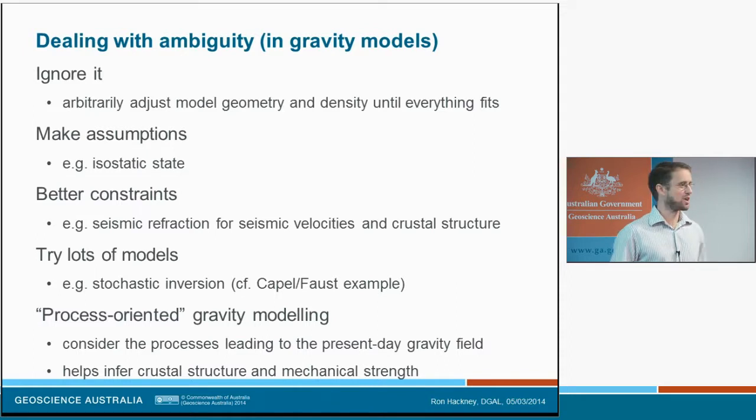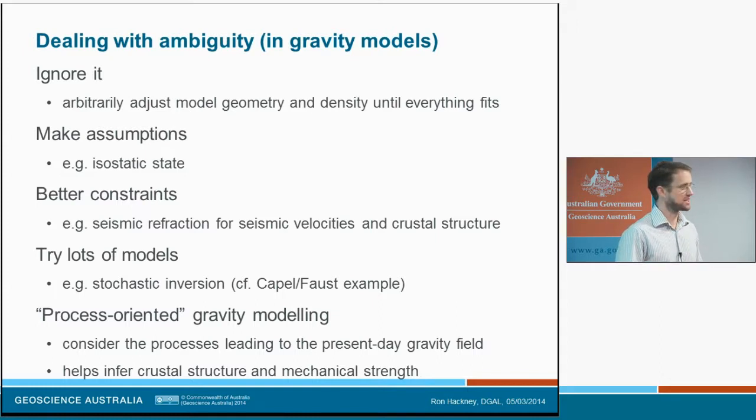Ideally, of course, we always want better constraints, and in the case of the MOHO in this part of the margin, yes, we'd love to have more seismic refraction surveys, which give us seismic velocities and information on crustal structure. We can also do the approach that I talked about before, Peter's Capel and Faust approach, where we basically try lots of models, see which ones work best, and what sort of uncertainty is involved in each of them.